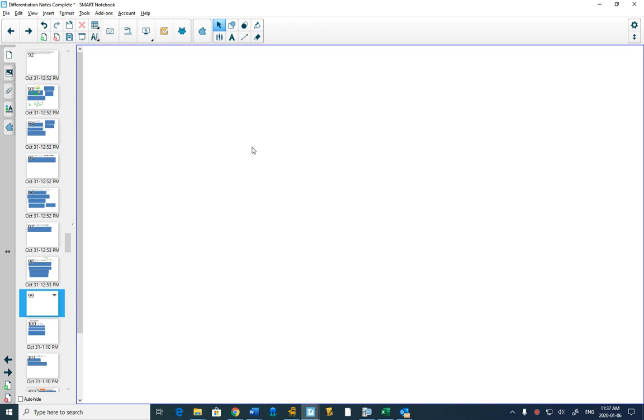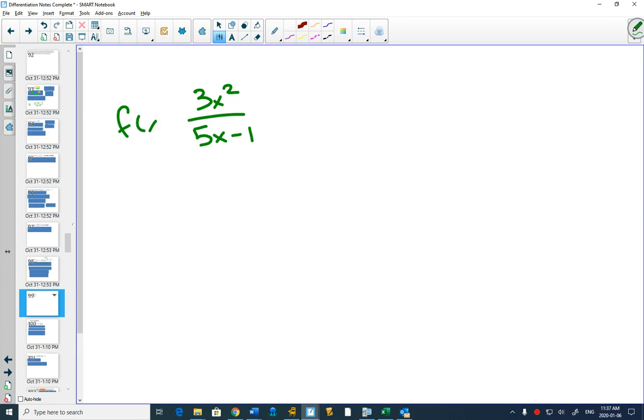So, we've got f of x is 3x squared over 5x minus 1. Write down the equation of the vertical asymptote. Vertical asymptotes on a graph happen when you have a non-permissible value. Can you see in this question that x can't equal 1/5, because then you would divide by 0?